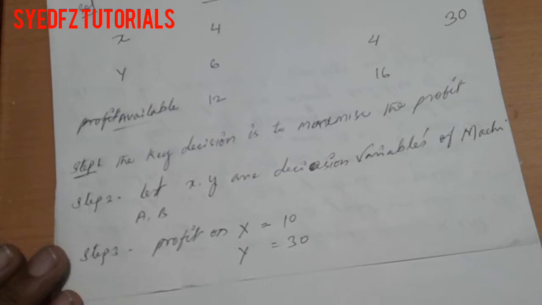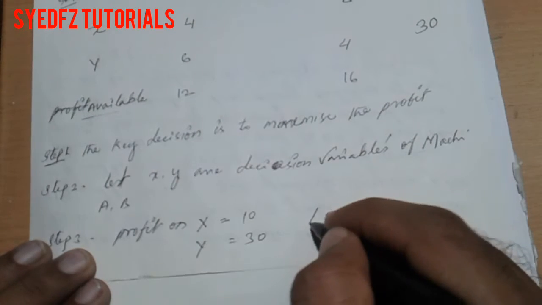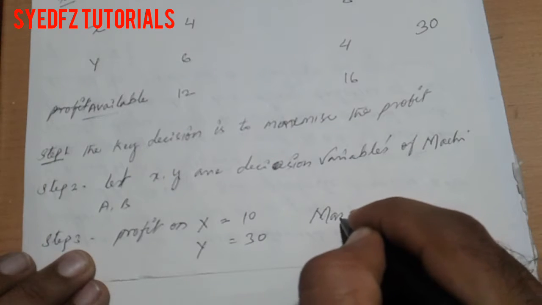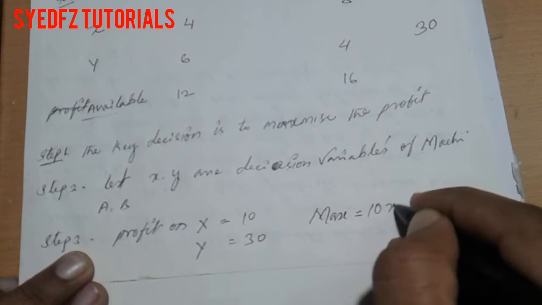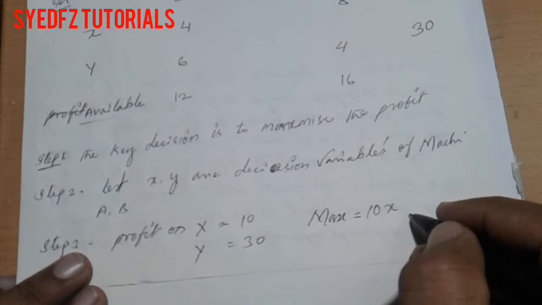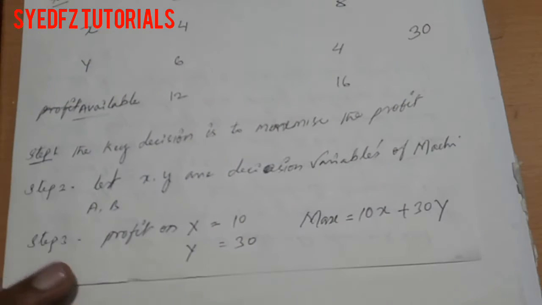So we can now create the objective function. Profit, max Z, is equal to 10x plus 30y. We can say x1, x2 also, otherwise x and y also, no problem. This is the objective function.